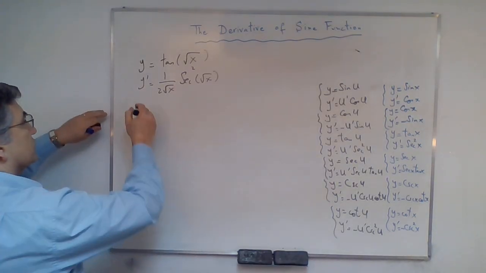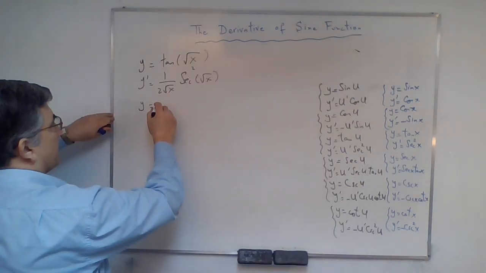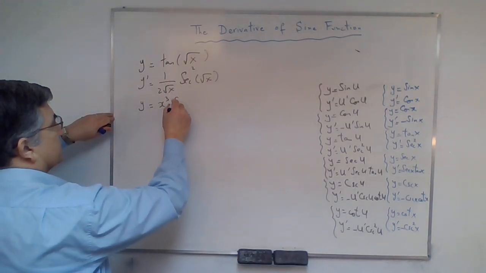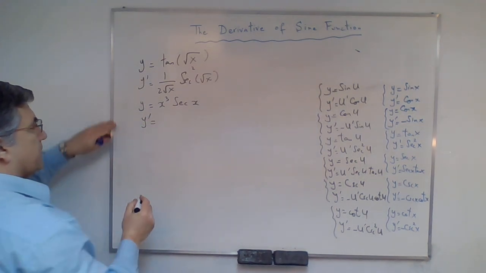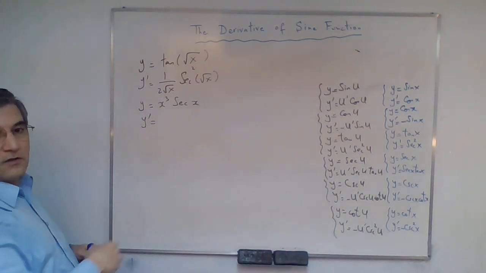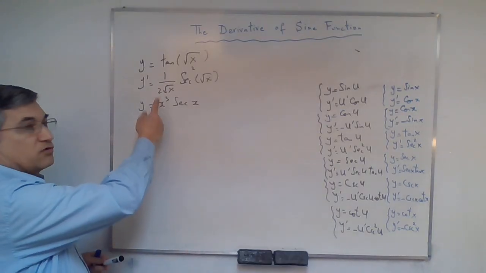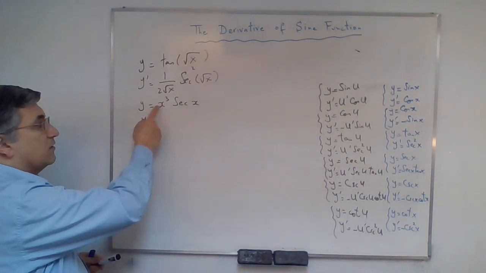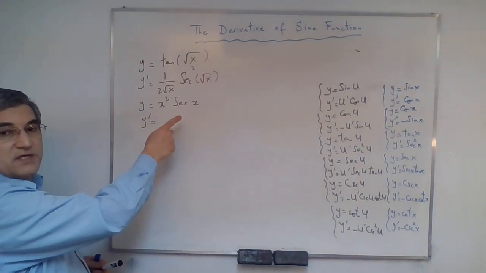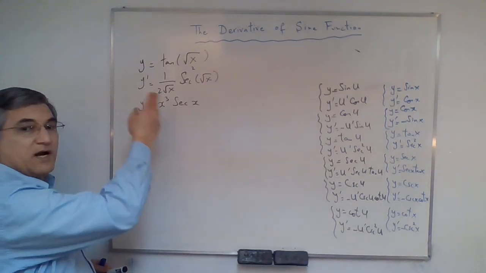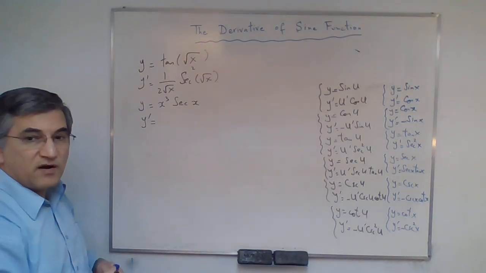Another example, sure. Y equals x cubed secant of x. Okay. So here, what you see is a product of a cubic function and a trigonometric function. So it reminds me of product rule, u times v. The derivative of u times v was u prime v plus v prime u.